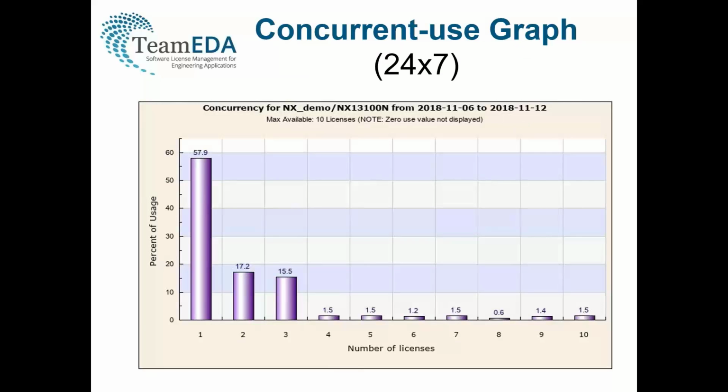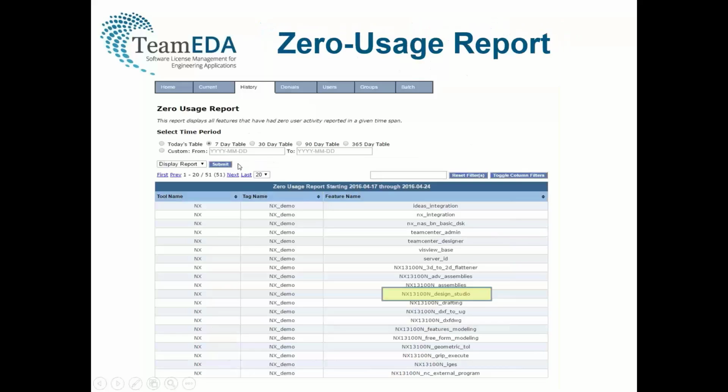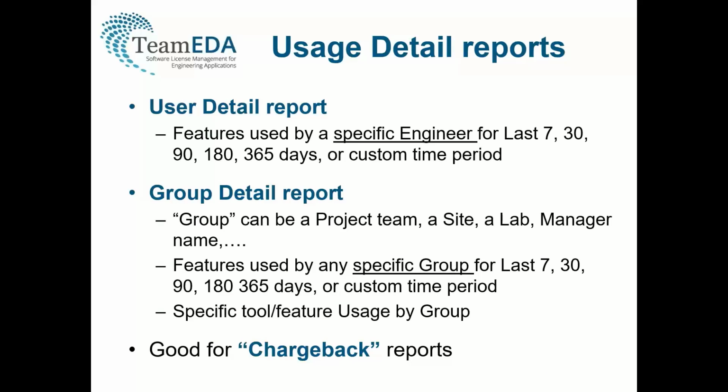Concurrency graphs. Again, are we getting the best use of our licenses? We could do custom times, but Monday to Friday, 8 till 5 is a very popular one. Zero usage reports, we talked about. If we haven't used them in a year, should we really be paying for them? And we talked about the user reports.